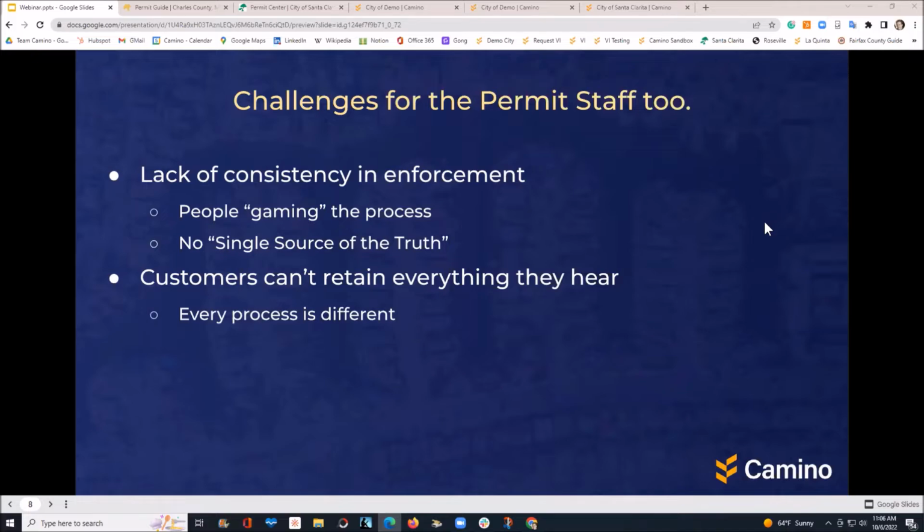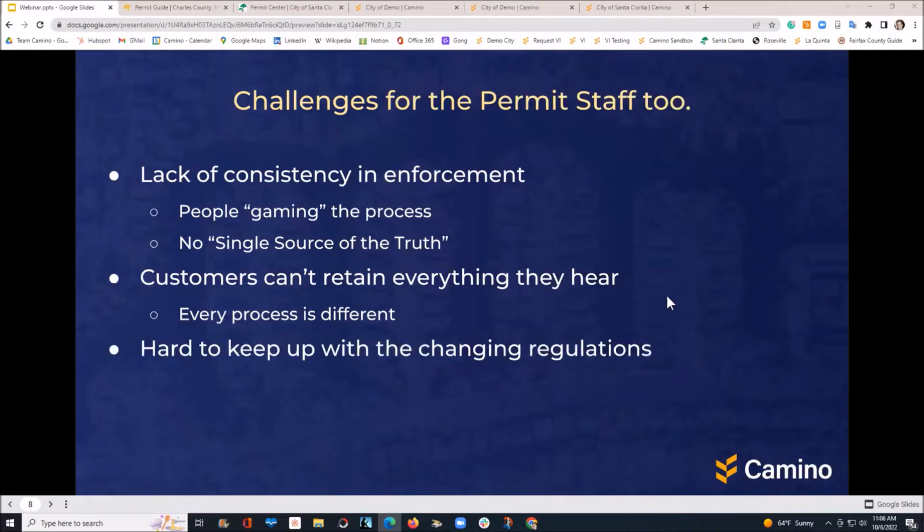Every process is different, right? If you're doing this project in a flood zone or a historical zone, all bets are off. We have to do some different things in that situation. And it's hard for the permit department to keep up with constantly changing regulations, whether it be fee schedules or building codes.